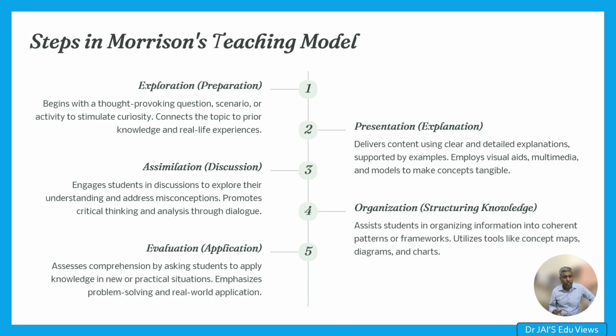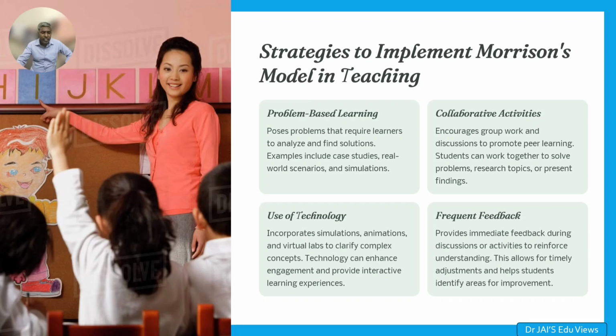So in these strategies to implement the Morrison model, I will share four important categories to implement it in an effective way. First one is problem based learning. Usually learning can take place in classroom situations in different ways, such as the discussion method, lecture method, sometimes demonstration method, sometimes some practical activities, then discussion with real world experiences.